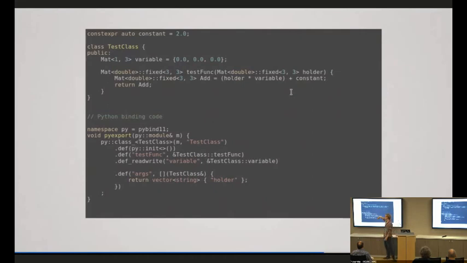And down here is the Python binding code, which is using pybind11 to define the function and to define the settable variable. So this makes it very easy to create optimization code in Python that runs fast.